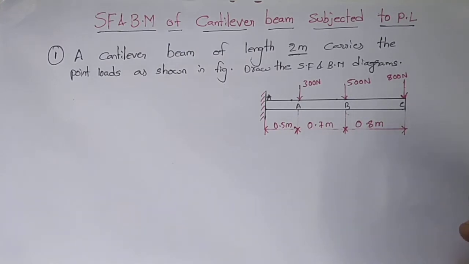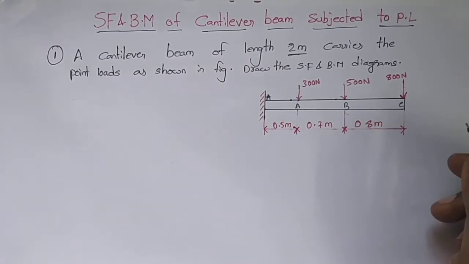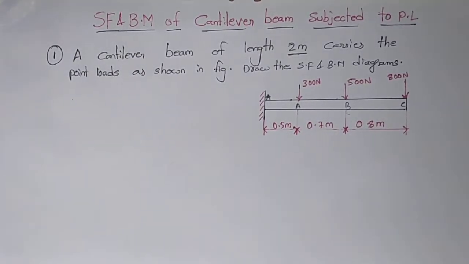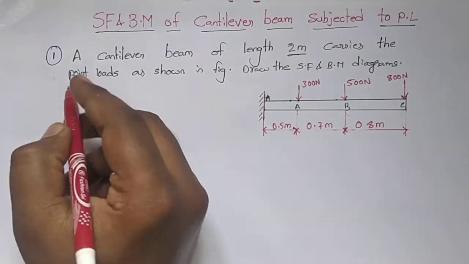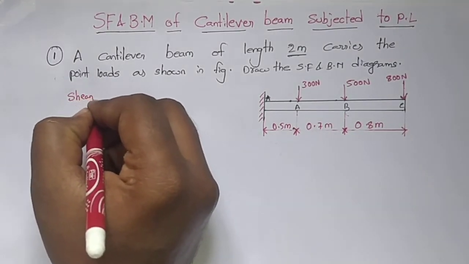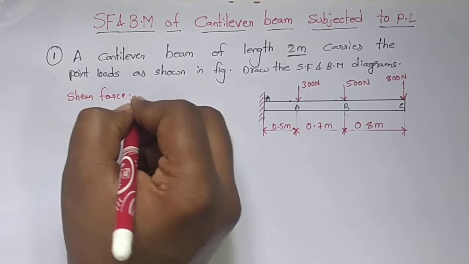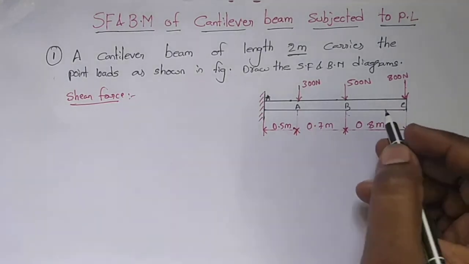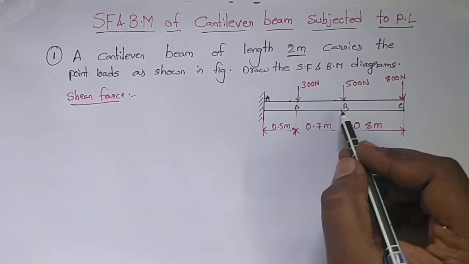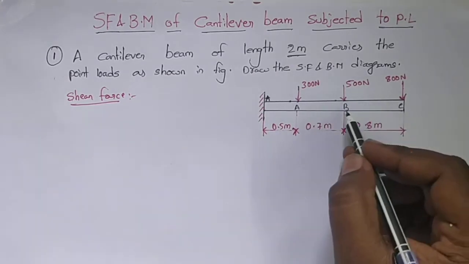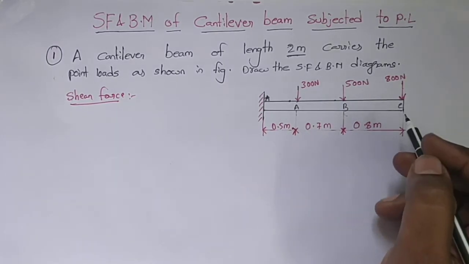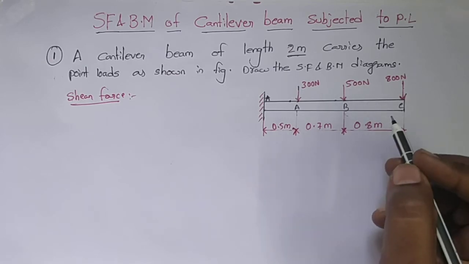We need to draw the shear force and bending moment diagrams. First, I am calculating the shear force. We need to calculate shear force at points C, B and A. At every point we need to calculate before and after the load.